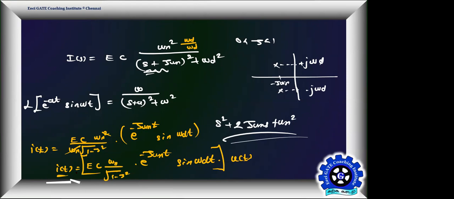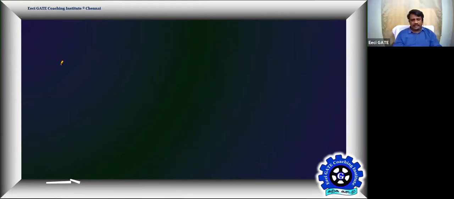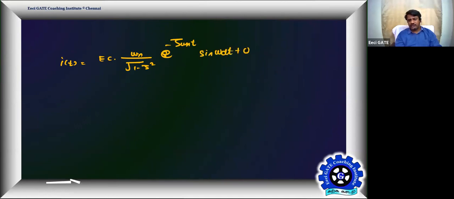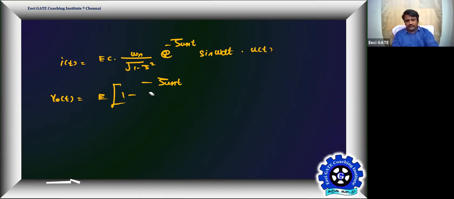Yes. Okay, take the two equations. One is the current i(t), equal to E C ωn by root of 1 minus ζ² times e^(-ζωn t) sin(ωd t), sorry, ωd t only, no theta, times u(t). That's i(t). The voltage v0(t), which is the voltage across the capacitor, is E times 1 minus e^(-ζωn t) by root of 1 minus ζ² times sin(ωd t plus θ), times u(t).